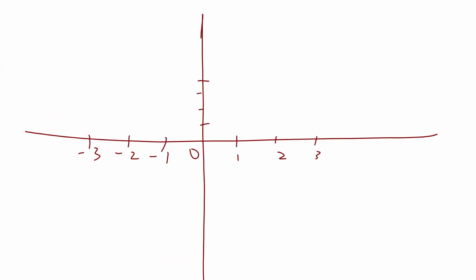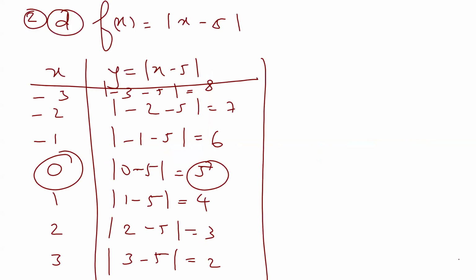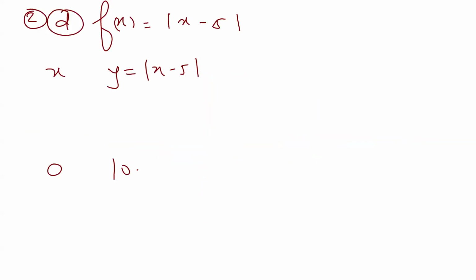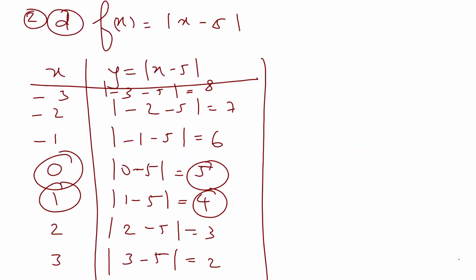When x is equal to 1, it is 4. When x is equal to 2, it is 3. 3 will be 2. Then minus 1, 6. So for negative values, it is increasing.